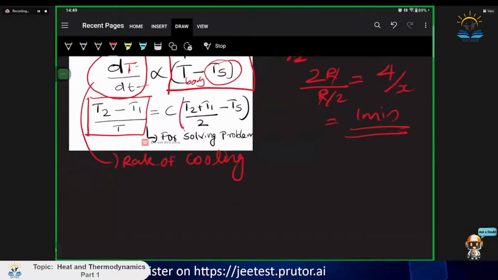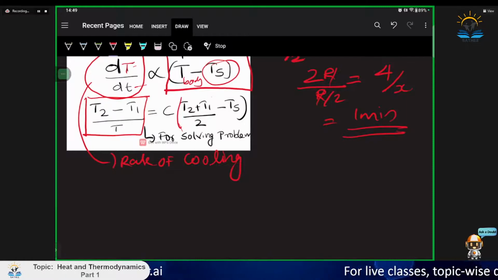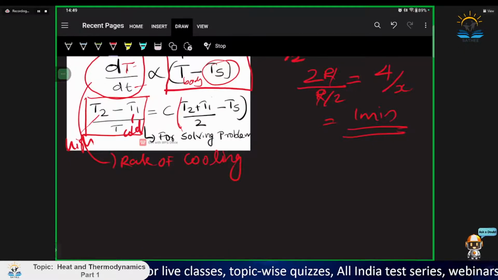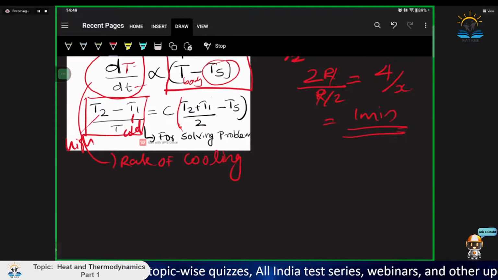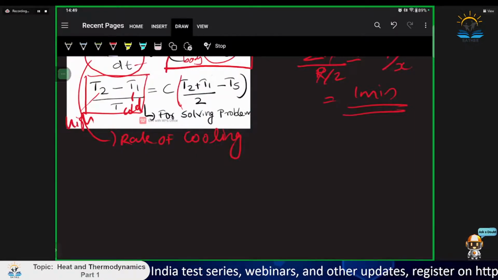Okay, I will make you understand how to solve a question with this equation. Suppose a body of high temperature, this T2 is the high temperature and T1 is the cold temperature. Okay, fine. So dT by dt is proportional to T body minus Ts. In average form, T2 minus T1 by t is equal to a constant into (T2 plus T1) by 2 minus Ts. Okay, fine.